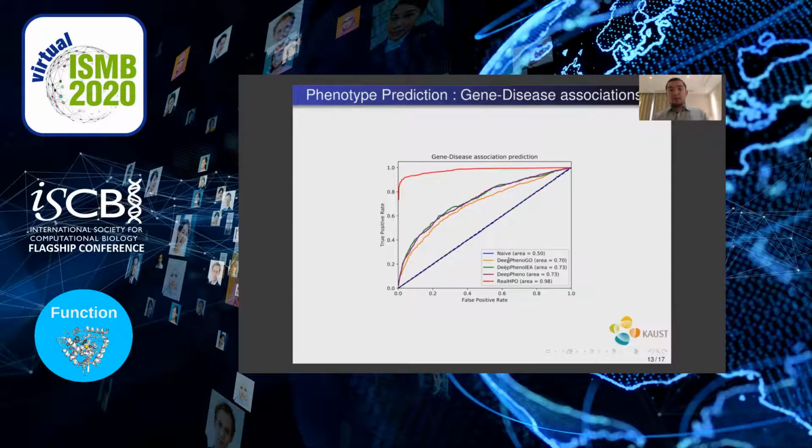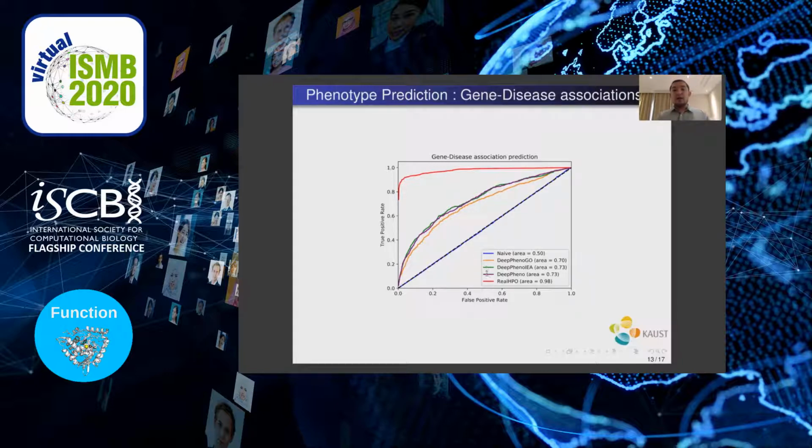And we also compare several types of DeepPheno. And we also compare with naive predictions. The real HPO annotations give almost perfect performance, because the diseases and genes that we are testing are Mendelian diseases, and they have the same phenotype.